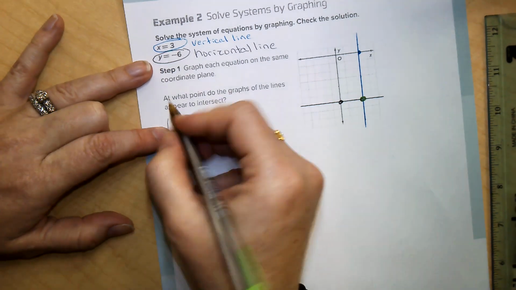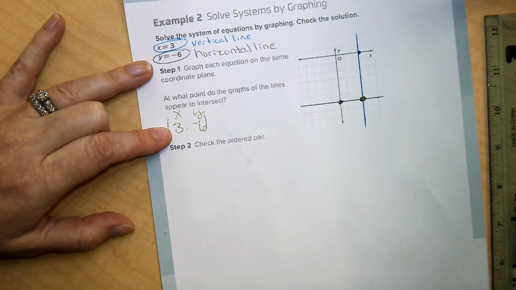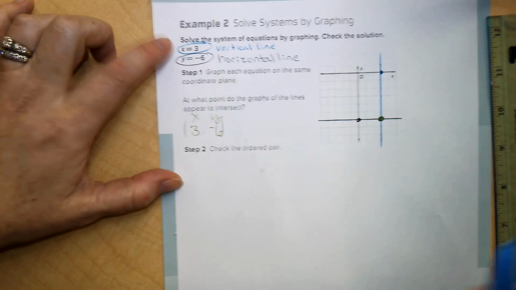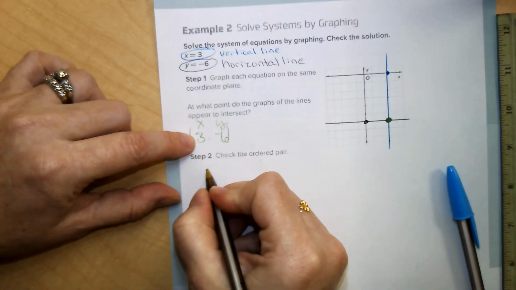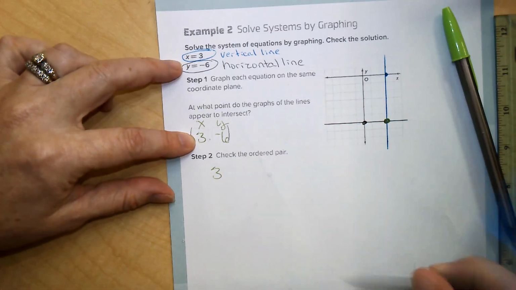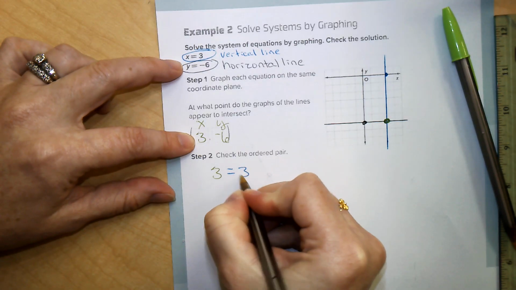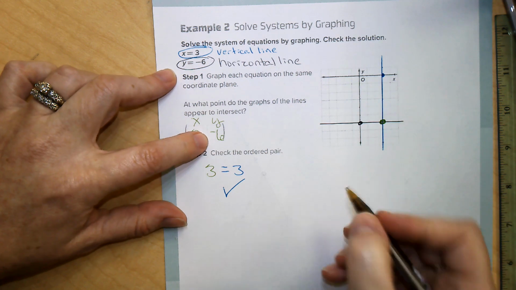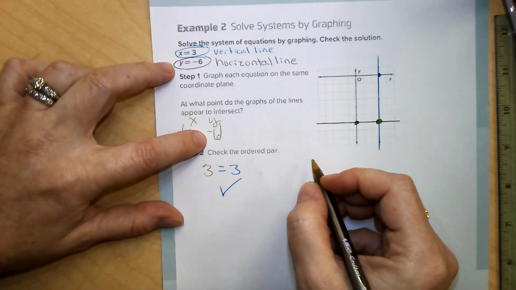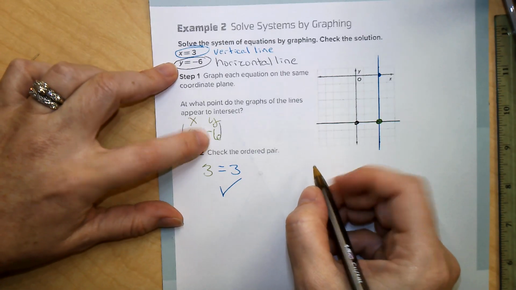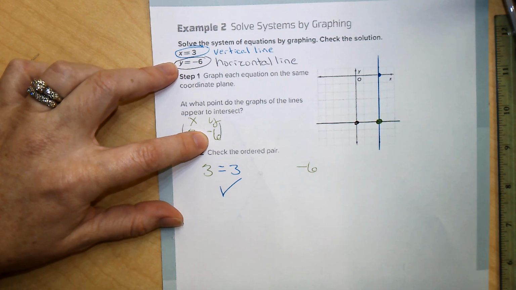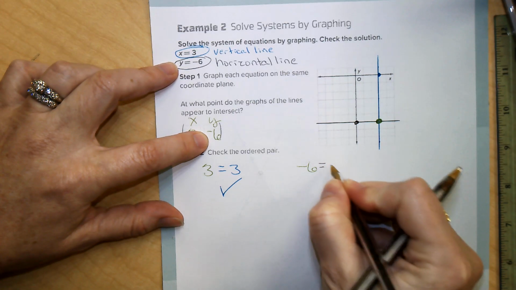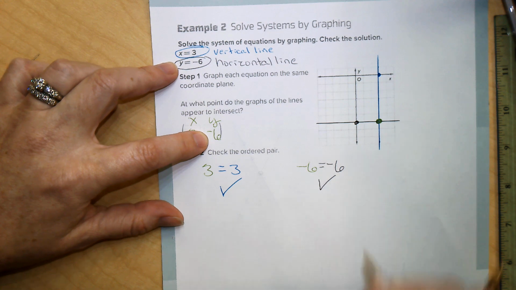This is my x, y. So x here is 3. Go back to my equation. Does 3 equal 3? Yes. Let's do our second one for our next equation. Well, the value of y is negative 6, and yes, that indeed equals negative 6.